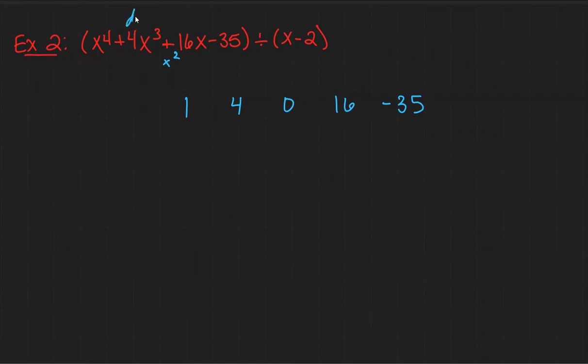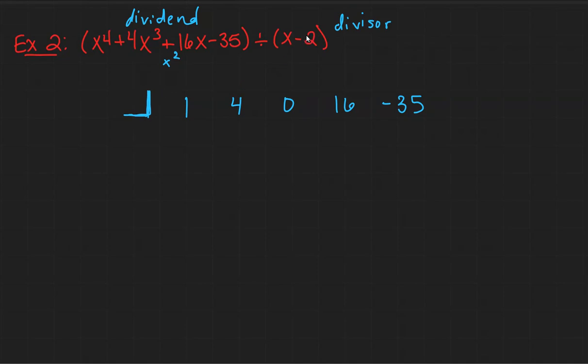Okay, I got my horizontal line of coefficients for my dividend. Remember, this is the dividend. I'm going to keep doing it until you are confident that you can identify the dividend, the divisor, and the quotient, okay? And then we make our little shelf. And then we put our elf in the shelf. I don't know if anybody knows that reference. I don't know if that's of your age, but we'll see.